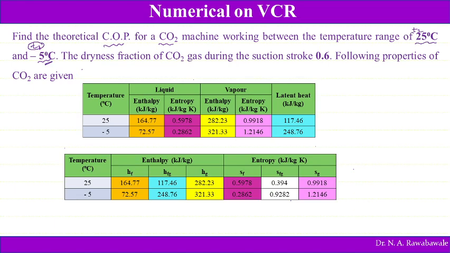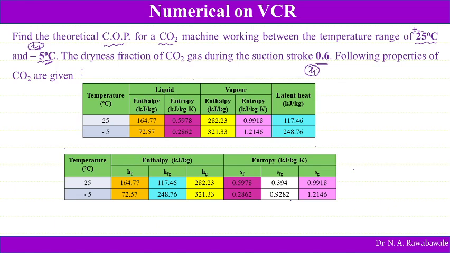The dryness fraction of CO2 gas during the suction stroke, that is, at the inlet of the compressor, is given. The gas enters with a dryness fraction of 0.6, that is, x1 is given directly here, and the following properties of CO2 are given.